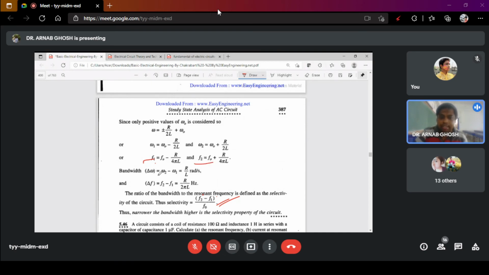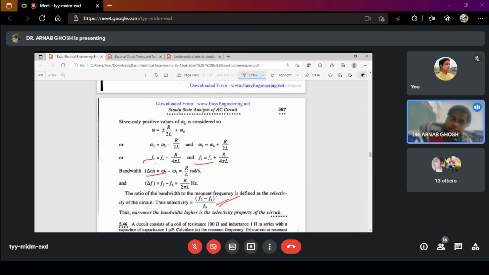So all this is related to F1, F2, bandwidth and selectivity, right? These are the parameters that you calculate while you are designing a band pass filter or a band reject filter. Okay, so this is all about your series resonance and the series filters.